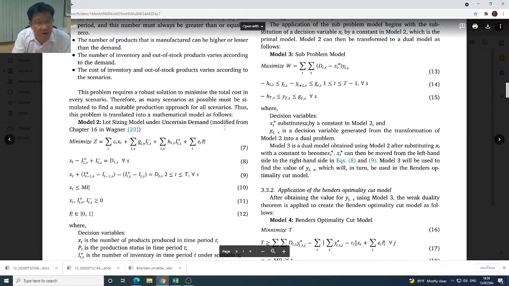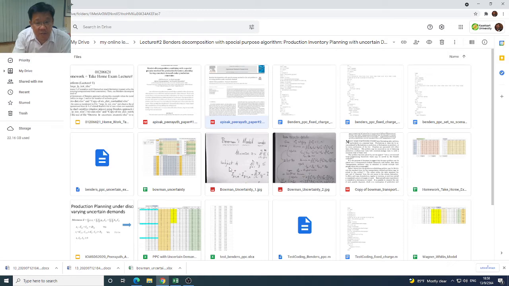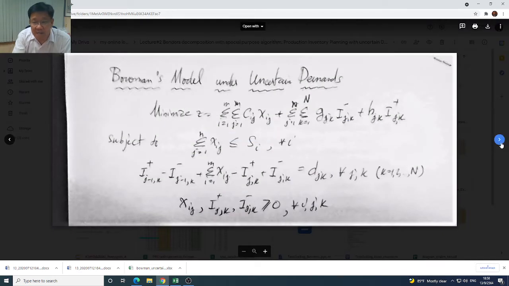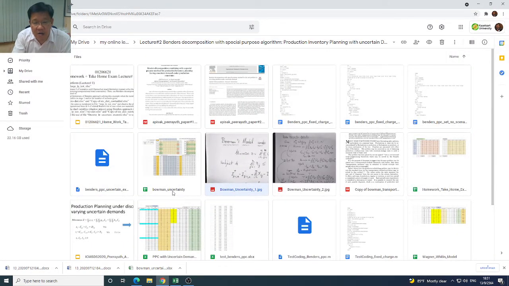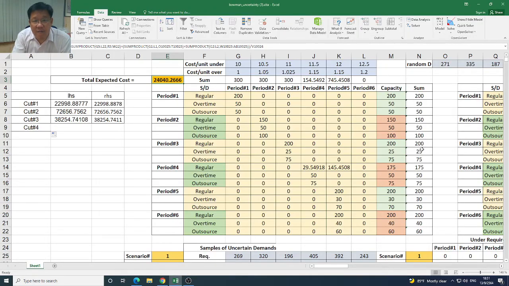I just showed you that we can apply the same here to this problem, and then come out with the scheme of Benders decomposition. We also implemented this idea in the file of Bowman uncertainty for you, and illustrated a couple of iterations starting from the first optimality cut from the first solution; we did 2 iterations for you.